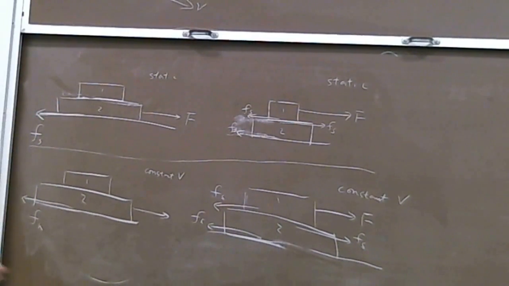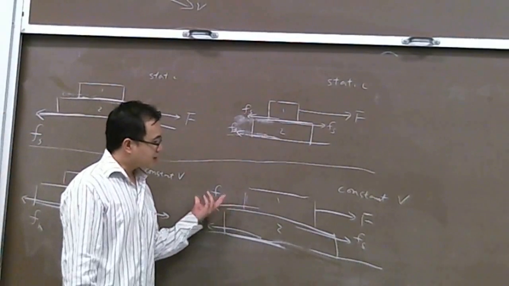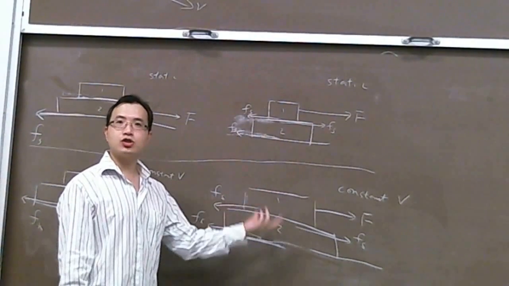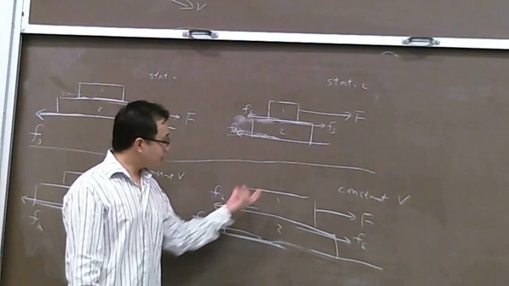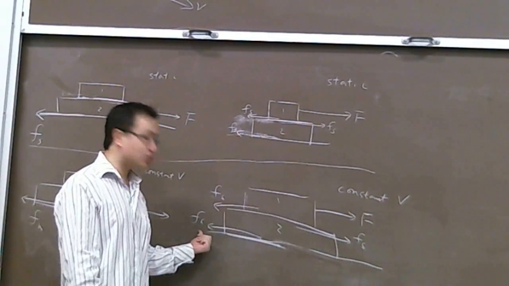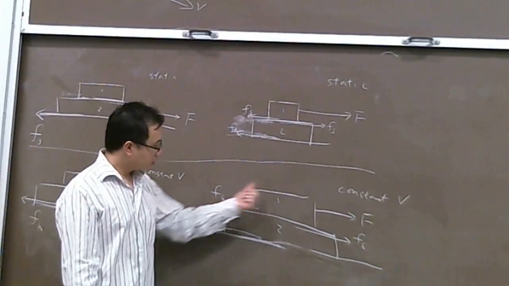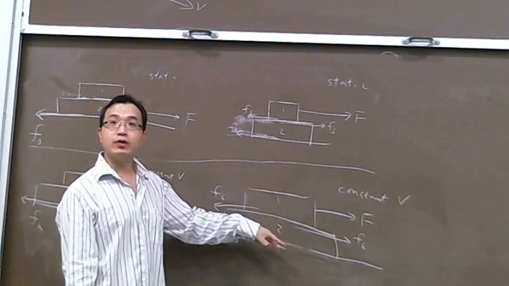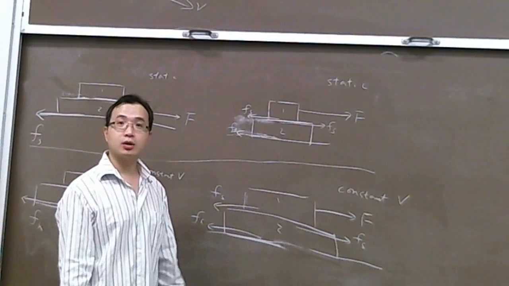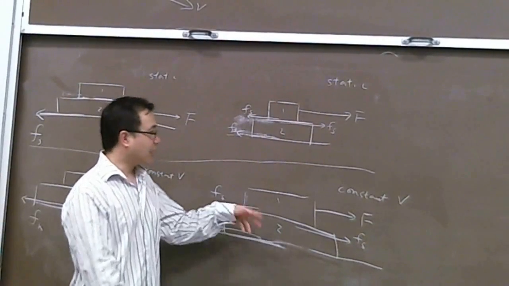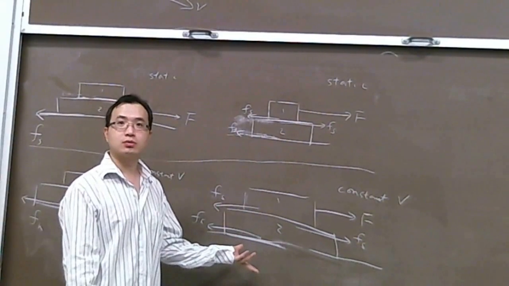Okay, so here you can think about this. The static friction, it has some range, can adjust. It can adjust its own value to match the kinetic friction. Only that match is possible, then both of them can move with the same velocity. Okay. If it's not possible, then I don't even have this situation.